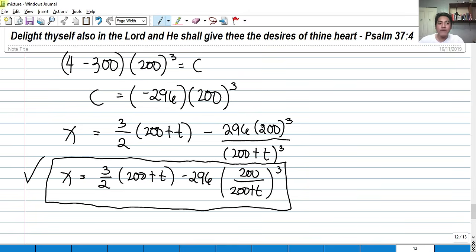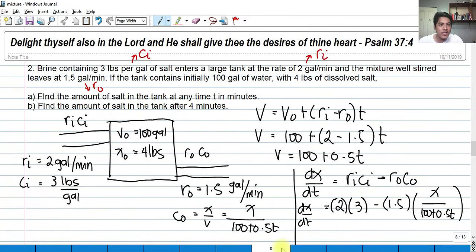So we have to answer again the second question. The second question is to find the amount of salt in the tank after 4 minutes.